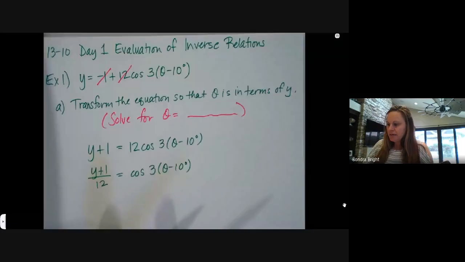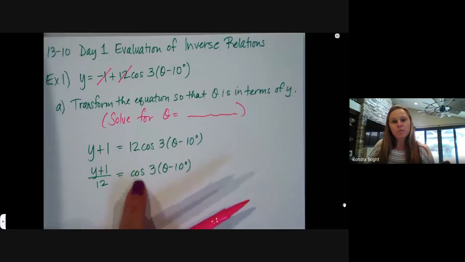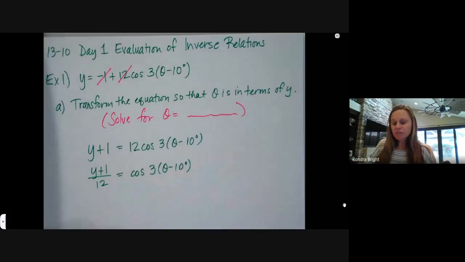The next thing I can do is get rid of this cosine. And so in order to get rid of cosine, what undoes cosine is inverse cosine. So I'm going to take the inverse cosine of both sides of this equation.